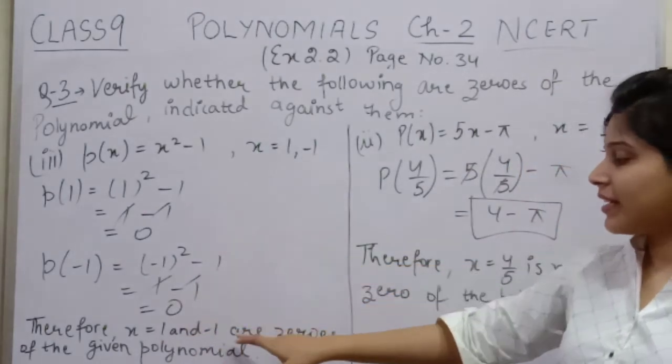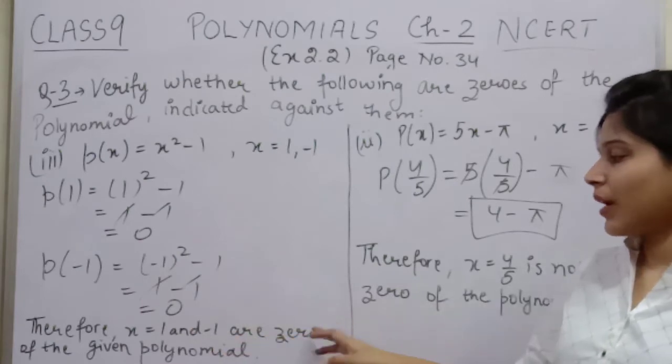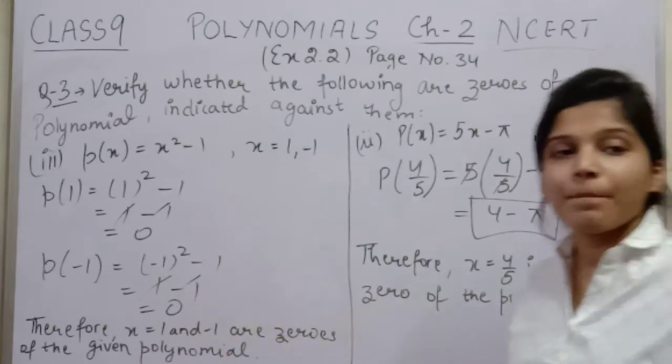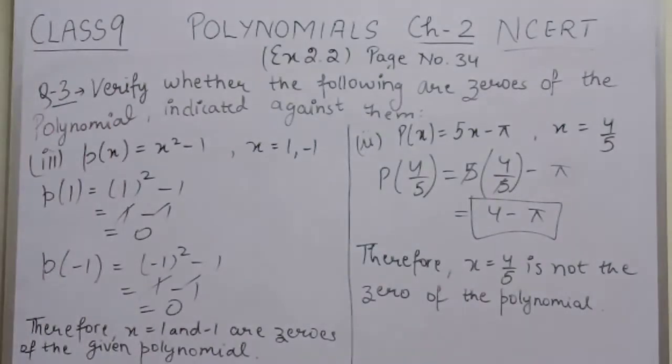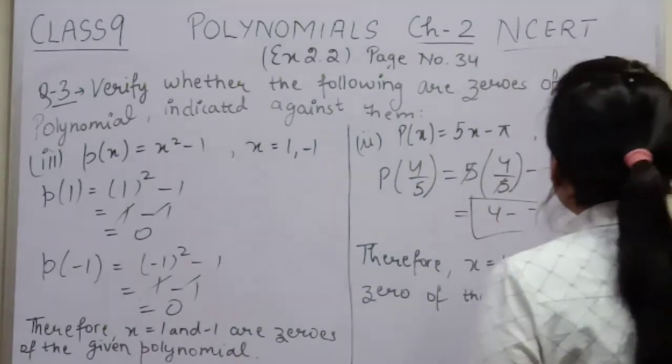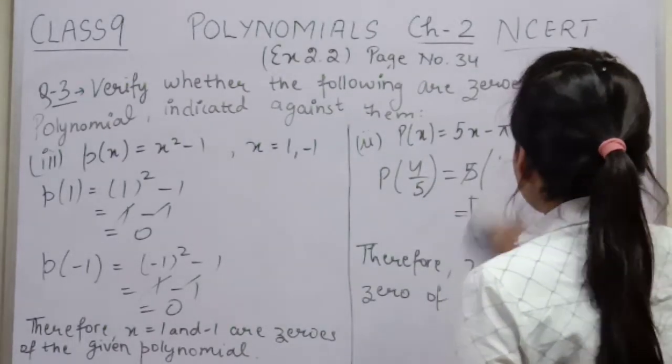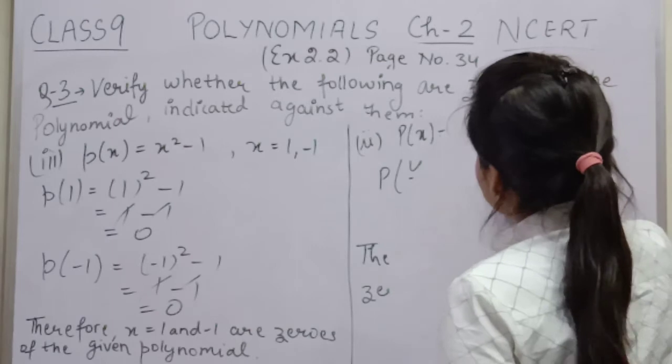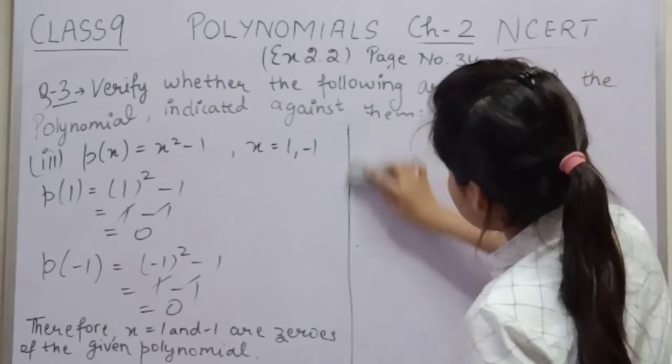It means x equals to 1 and minus 1 are zeros of the given polynomial. Let me check whether the last line is visible. Yes. So this was the third part, children. Let's complete the fourth part also in this video only. Then the rest of the parts we will be discussing in next video.